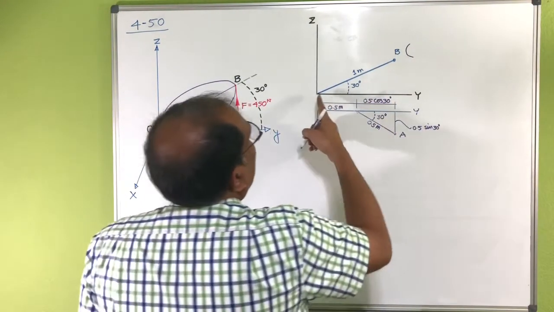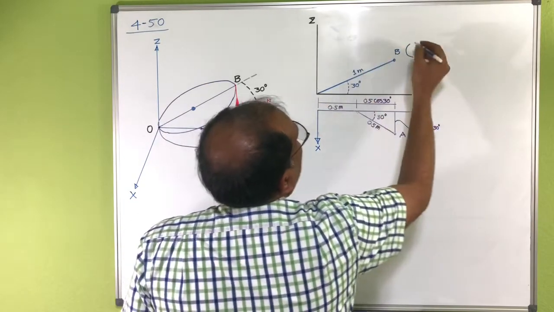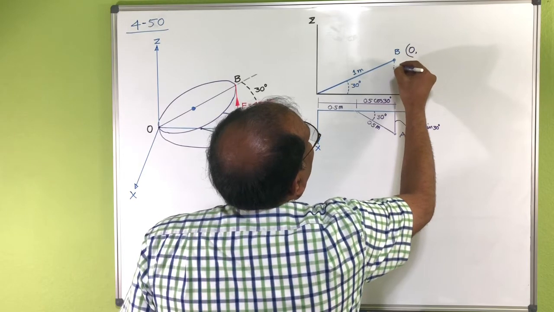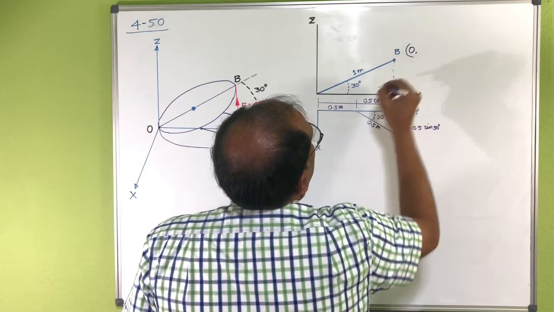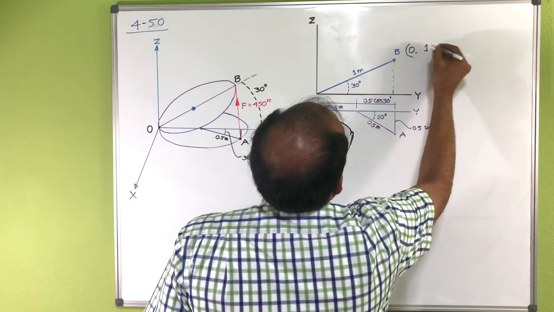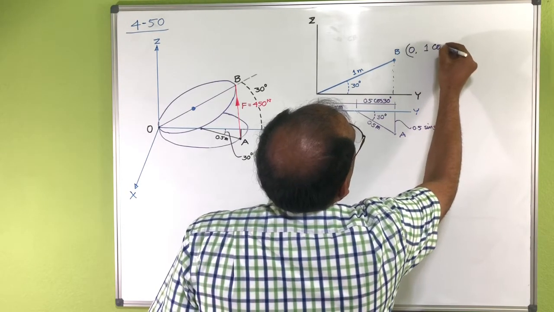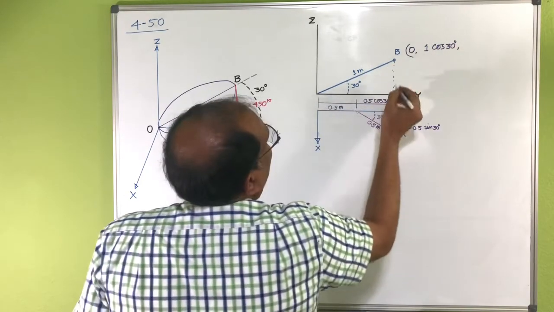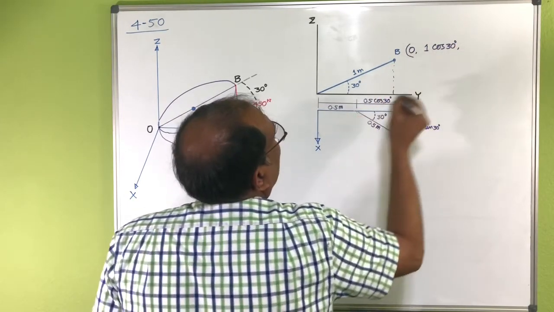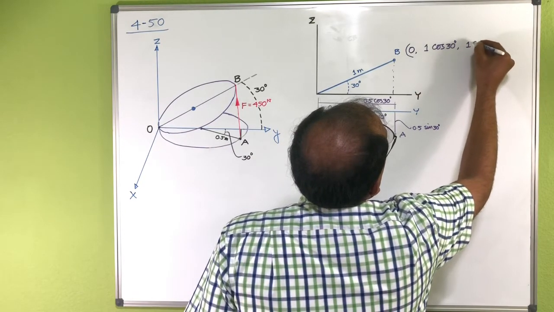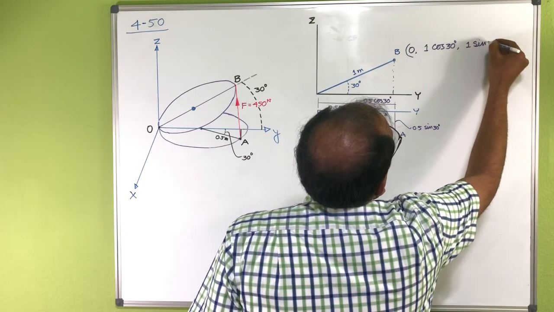You can see X is 0 because this is the YZ plane, and your Y is this, which is 1 cosine 30, and your Z would be from here to here, so that's actually 1 sine 30.